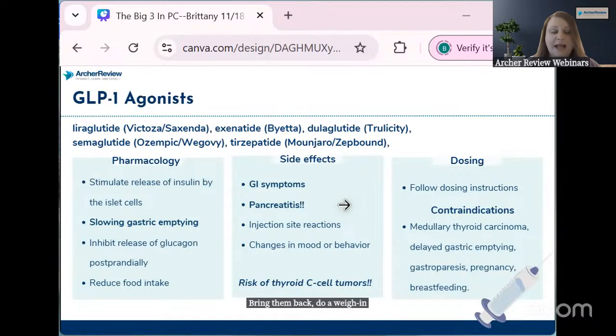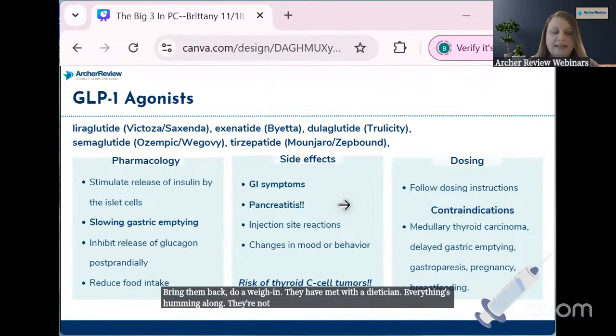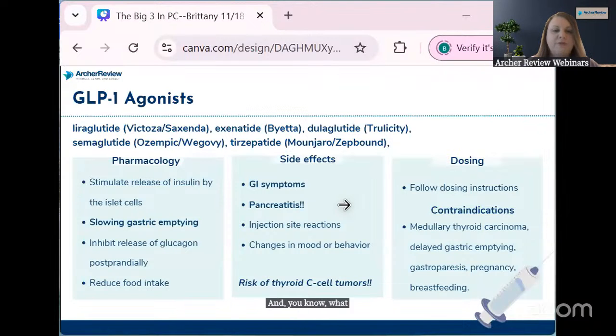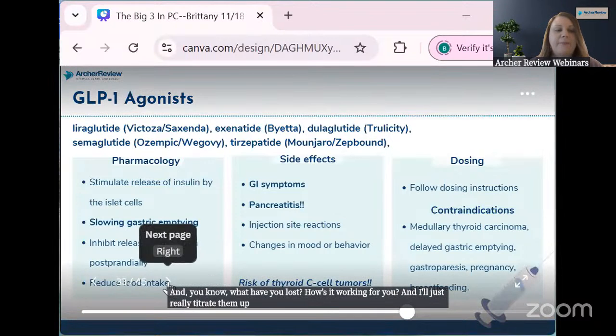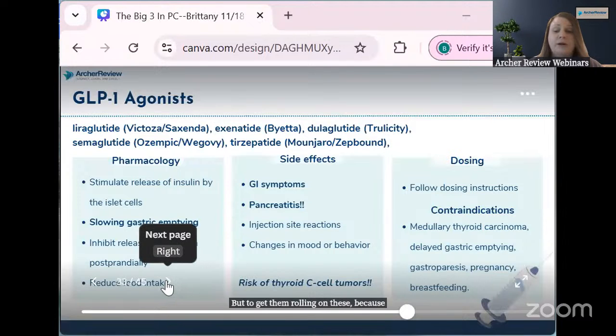If they have met with a dietitian, everything's humming along, they're not having a lot of nausea and vomiting, we're going to go to 0.5, do another check-in, see how you're doing and what you've lost, how it's working for you. I'll titrate them up really slow like that, month by month, because again, of that black box warning.